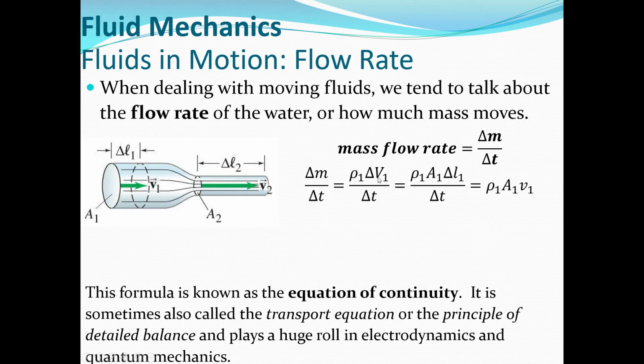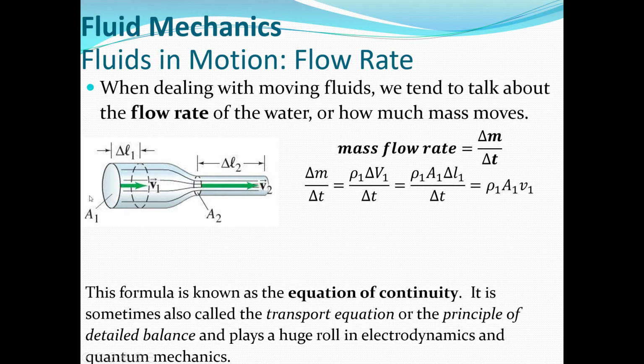Now, when it comes to liquids, we can't talk about mass, so we replace mass with rho V. So the change in the mass is equal to rho times the change in volume. Just like before, we replace volume with the cross-sectional area times some increment of length, A times the change in length. Then we can simplify this a little more and say that the change in the length over the change in time is just speed.